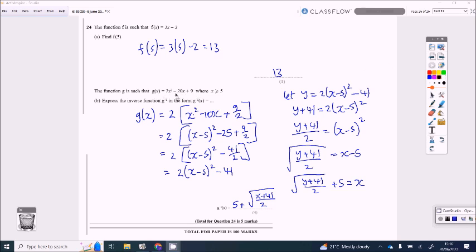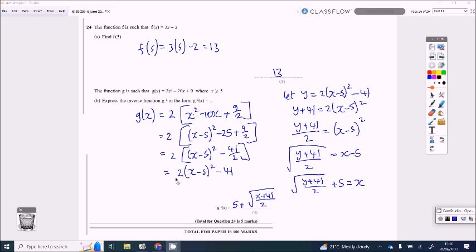We kick off by completing the square here. We take out the 2 to give us a single x squared, so we factorize taking out the 2. We've then completed the square inside these square brackets, taking us down to here. And then I've multiplied by the 2 again, so I've got g of x in this format here.